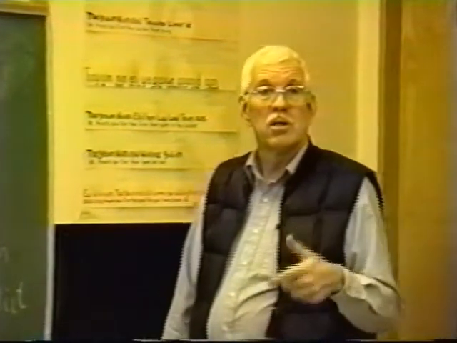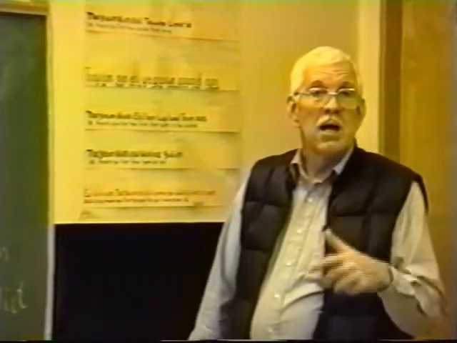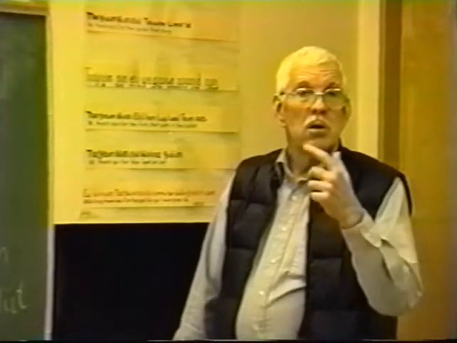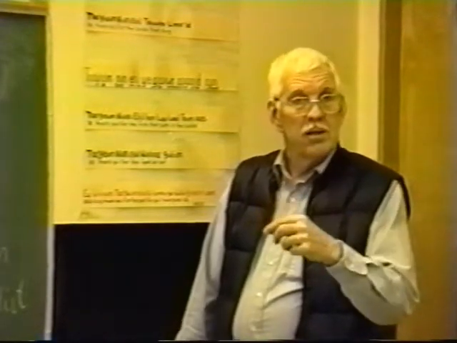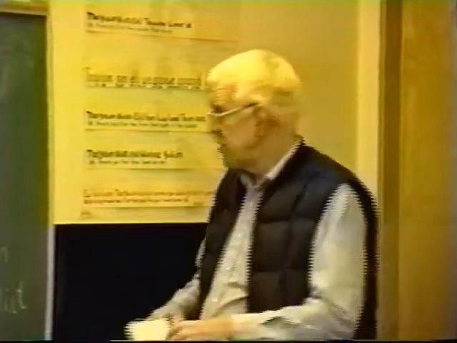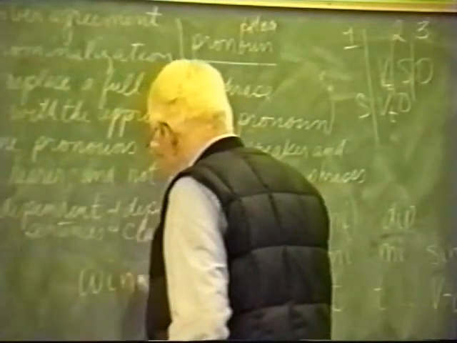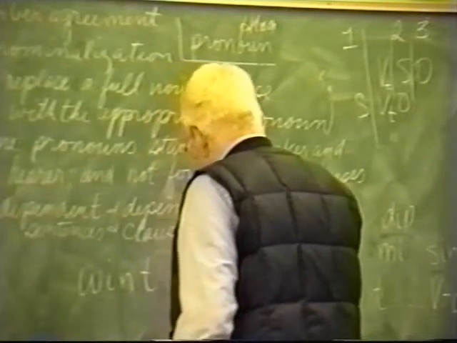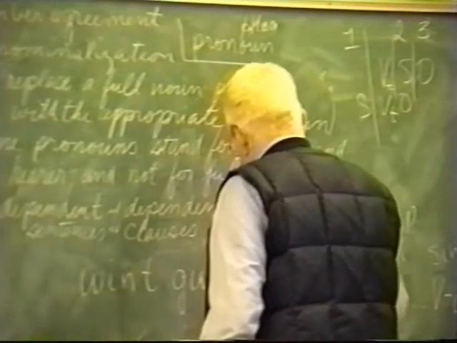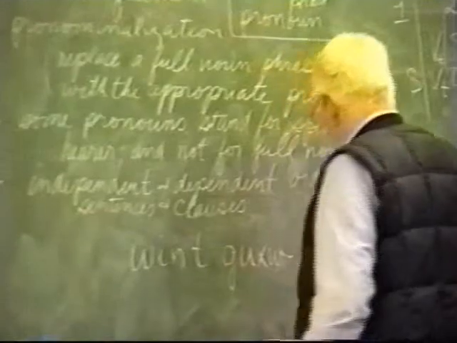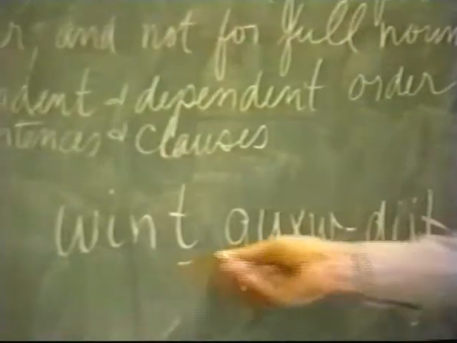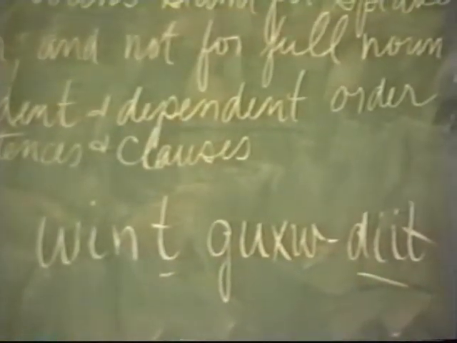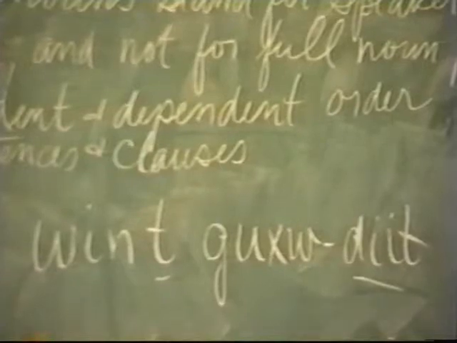Guy went guchtit. Where you see my dependent order is wind, then my transitive verb, then my deed right here that tells me that it's third person plural transitive subject.